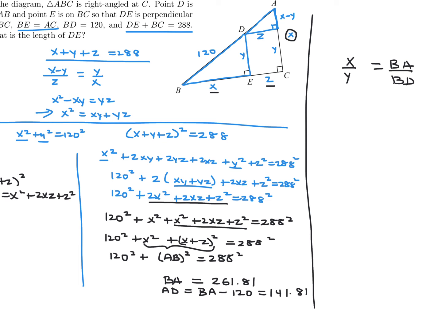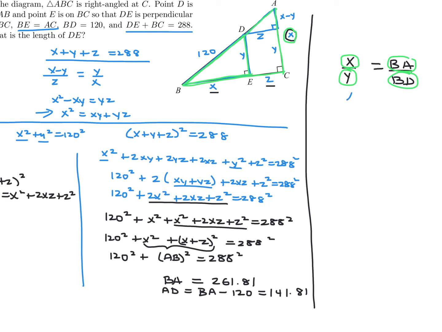So for example, I'm using the big triangle, this side x over the hypotenuse, which would be AB or BA. So here's my x and here's my BA. And then the small triangle, which is just the DEB guy, it would be y over the hypotenuse, which is BD. And that's why I get that similar triangle relationship, in case it wasn't that obvious to you.